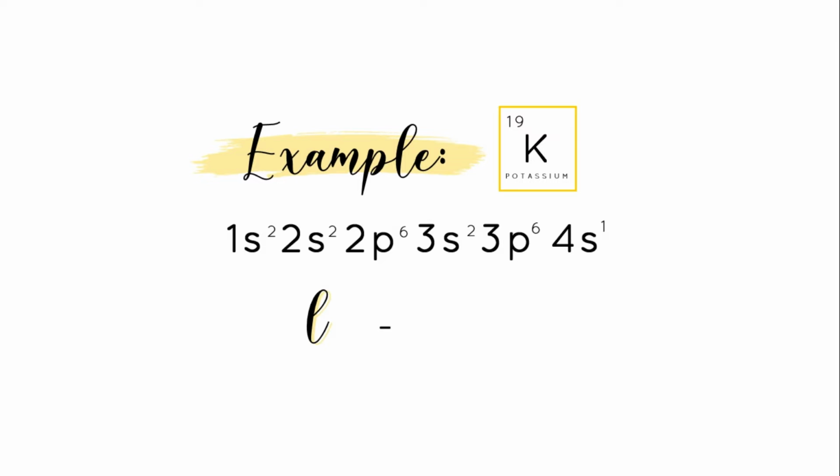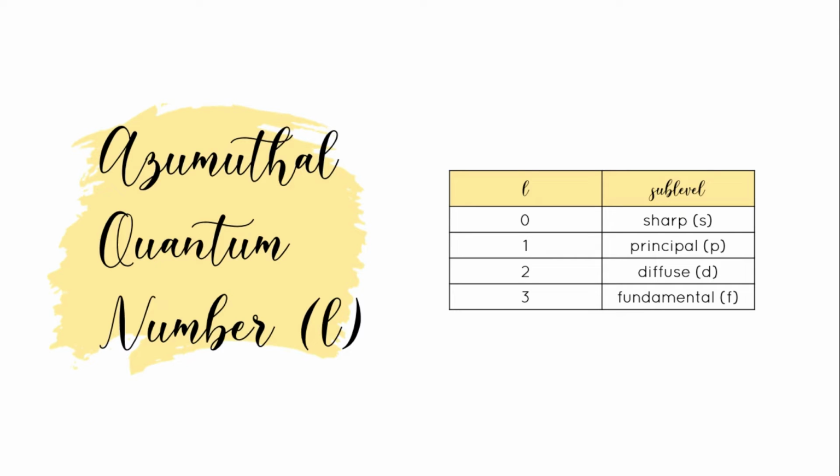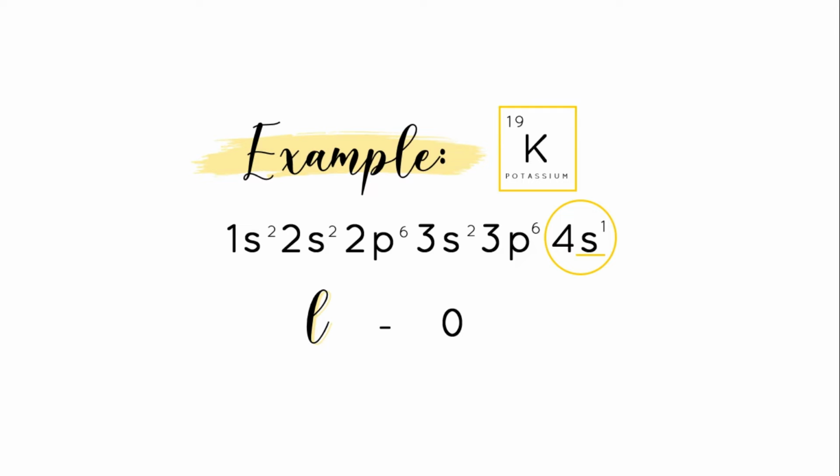So by looking at the valence shell, here, our subshell is S, right? So looking at our table, if our sublevel or subshell is S, then our L is 0. Therefore, our L is 0. So pretty simple, right?